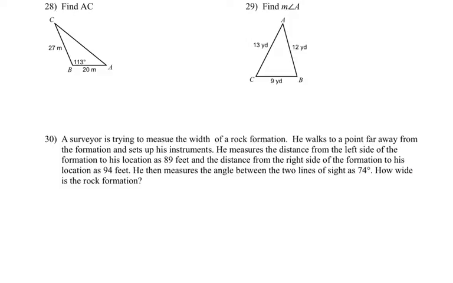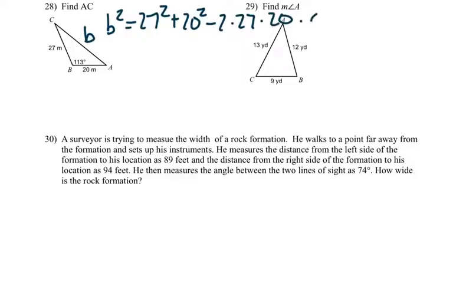Now, 28 merely wants us to find AC here, so that makes life a lot easier because all we have to do is the law of cosines. So we go b squared equals, and I'll do this one all the way out for you guys, 27 squared plus 20 squared minus 2 times 27 times 20 times the cosine of 113 degrees.